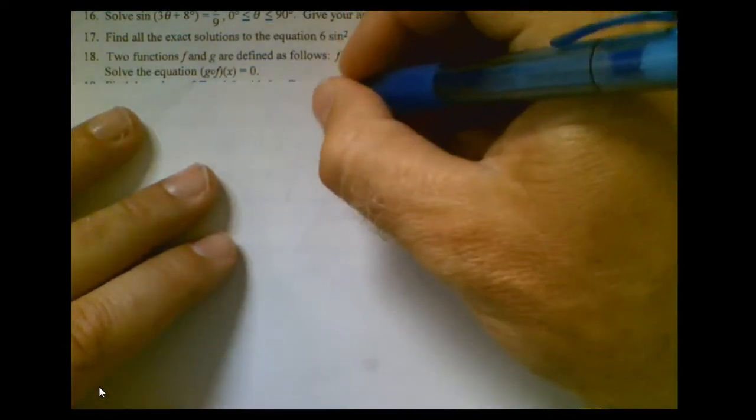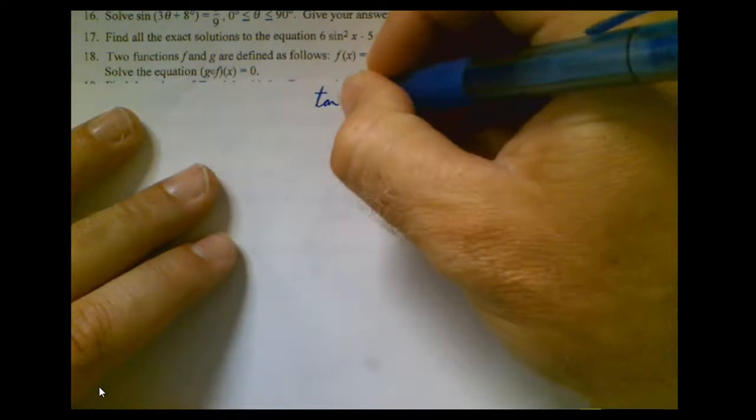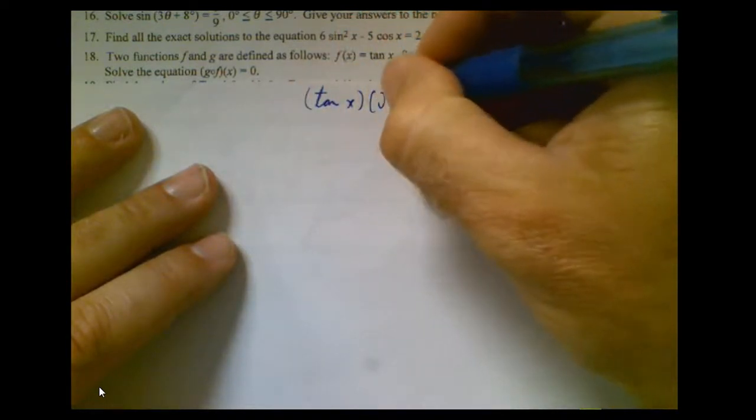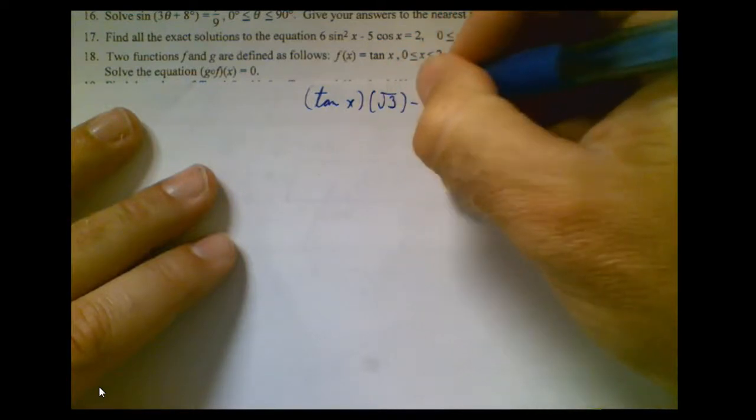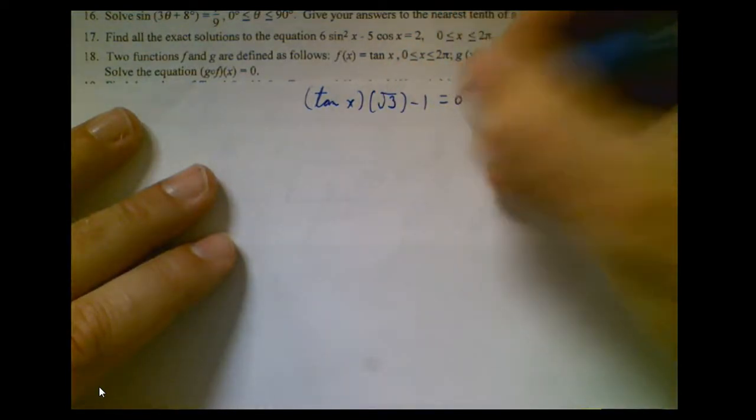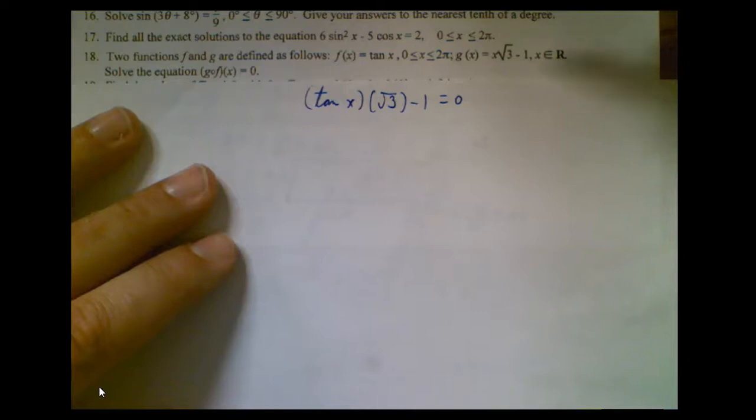So it should say tan x times the square root of 3 minus 1, equaling 0. So we're just setting it equal to 0. There's our setup, and now we just have to solve the equation.